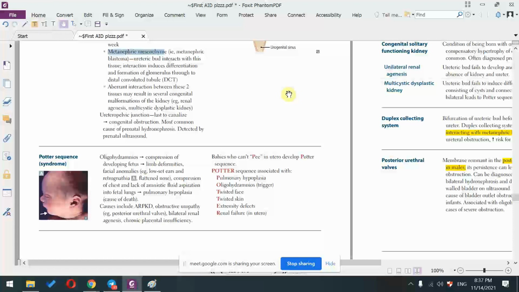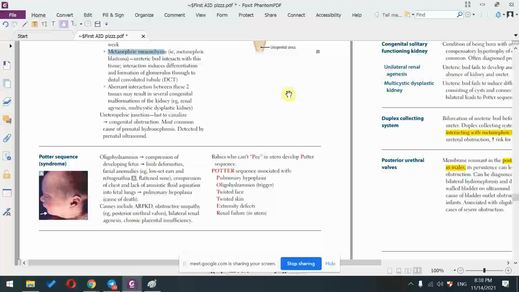So the next disease is multicystic dysplastic kidney disease, which is basically the ureteric bud fails to induce differentiation of the metanephric mesenchyme. So the ureteric bud exists, it's not absent, yeah? While in the unilateral renal agenesis, there is failure of it to develop, so the ureteric bud itself does not exist. Here you have a ureteric bud, so you will have a collecting tubule and everything after it.